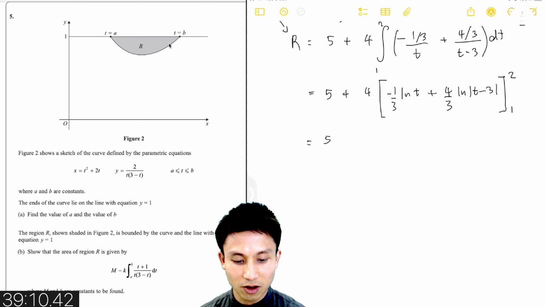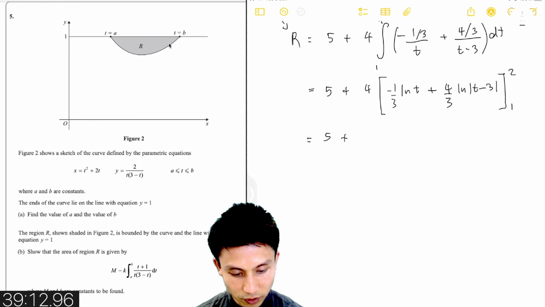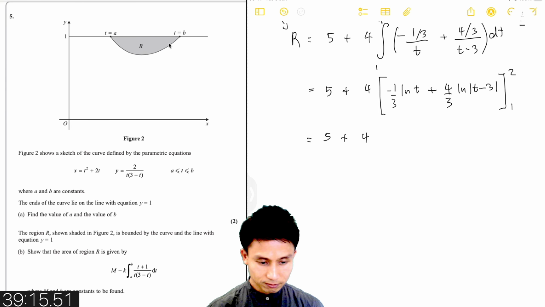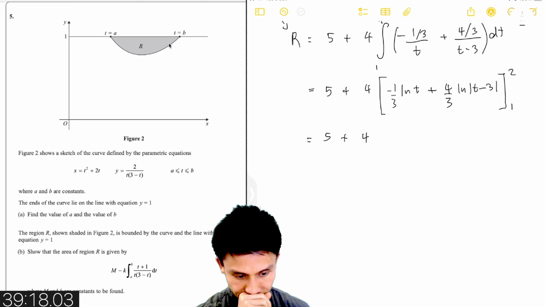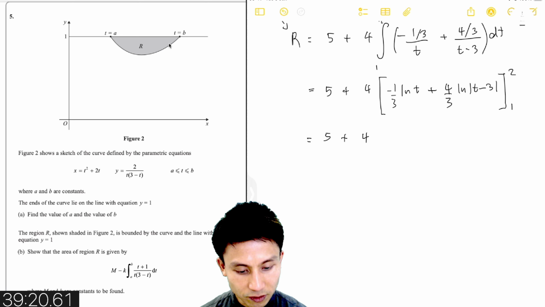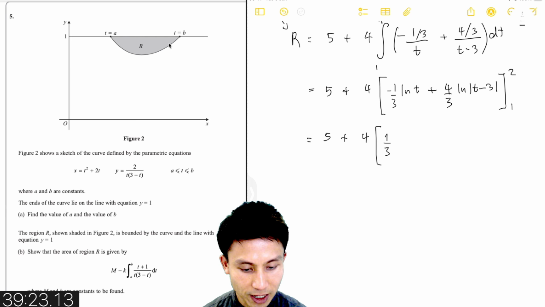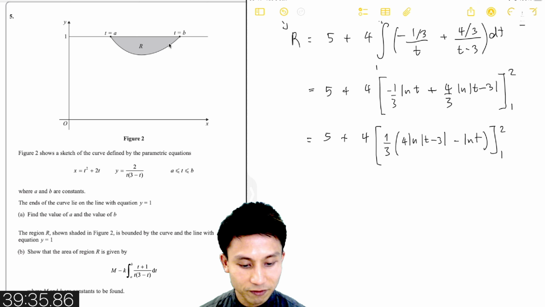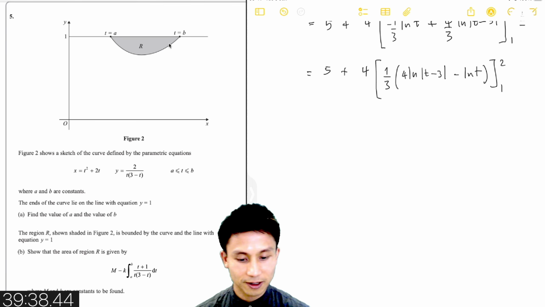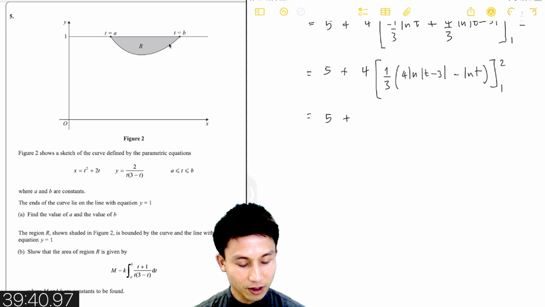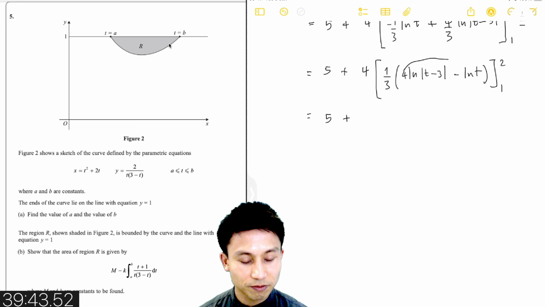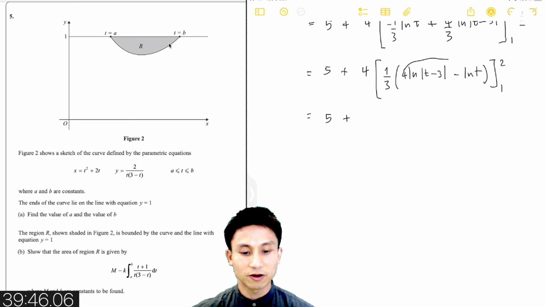Let's simplify the ln terms, okay? So we can do that by, if you consider, you can bring 1 over 3 out, and inside you would have 4 ln t minus 3 minus ln t, right? So I haven't done anything with the bounds yet, just keeping it. And again, inside here you can put 4 to the power for the ln. That's just one of the log properties.